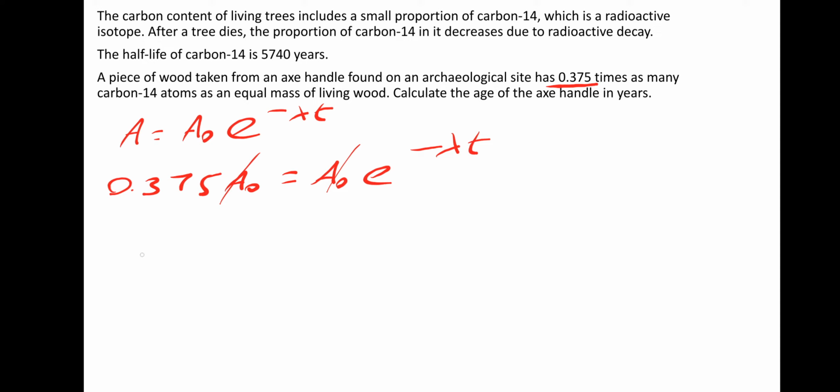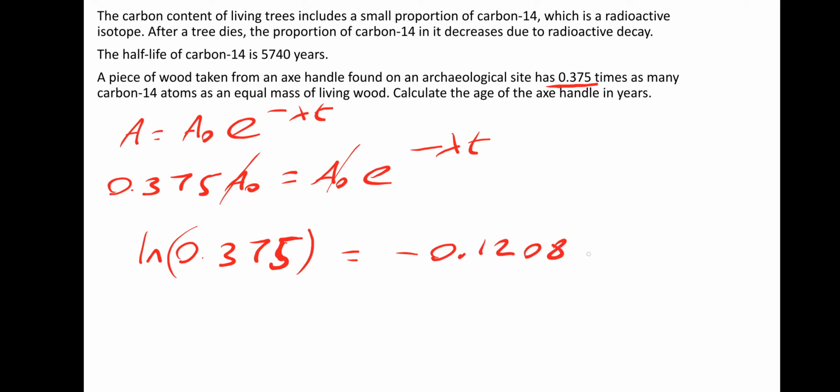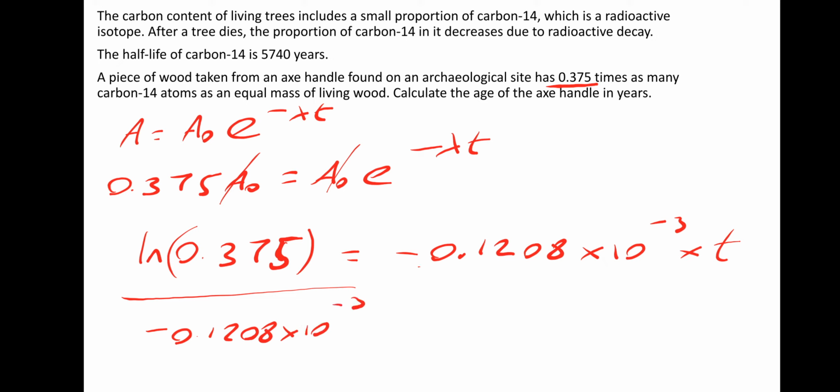Then we can take the log of both sides, so we end up with log of 0.375 equals minus lambda t. Lambda is what we calculated earlier, 0.1208 times 10 to the minus 3, times time. So we just need to do log of 0.375 divided by minus 0.1208 times 10 to the minus 3 to give us the time, and that should give you a time that's equal to 8,120 years.